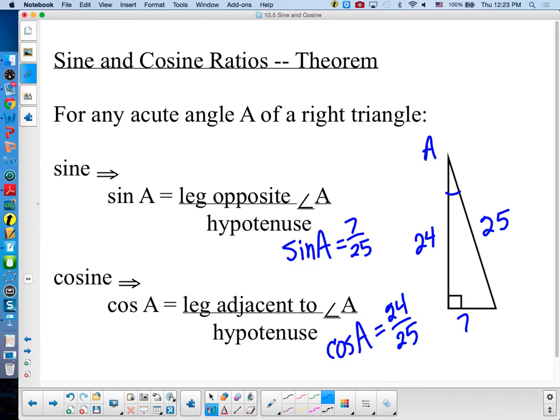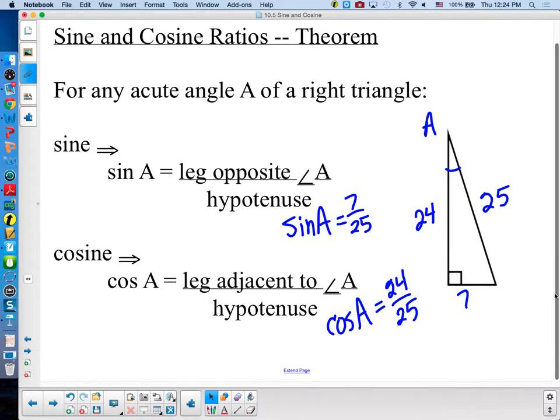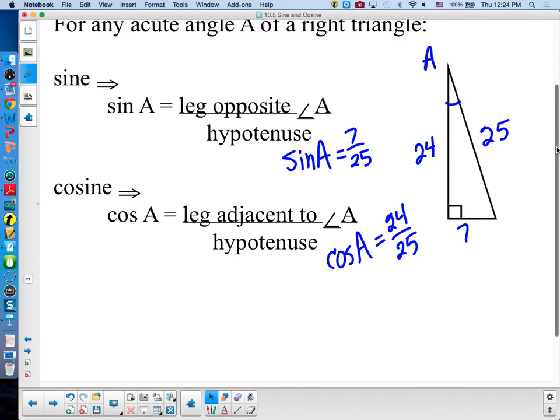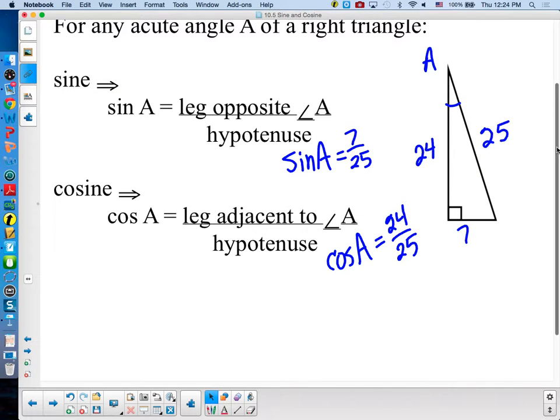So same terminology, opposite, adjacent, and hypotenuse, but yesterday we didn't use the hypotenuse at all. Today we need the hypotenuse. Can you see at the bottom there? Before we leave that screen, any clarifying questions?